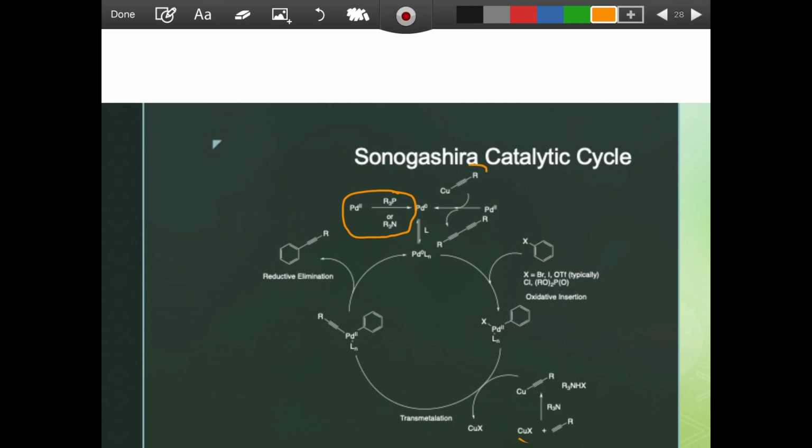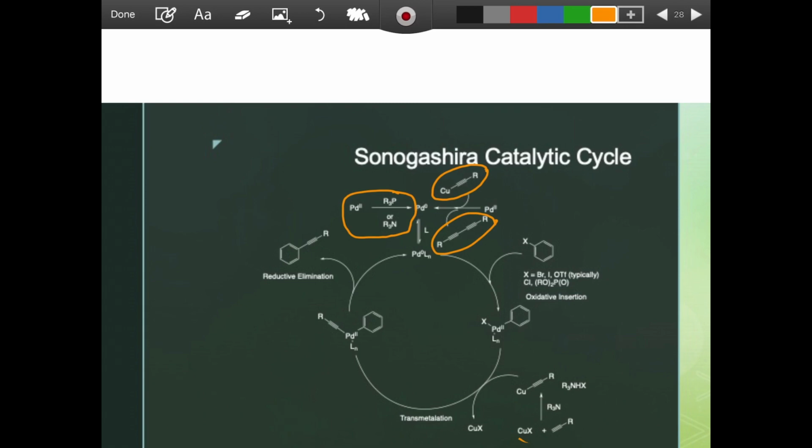Or you make your copper acetylide, and then your palladium transmetallates that, and then it does a reductive elimination to make this dialkyne, and then that gets you to palladium 0. It doesn't matter which path you choose, both are possible. It just matters you get to your palladium 0, slap some ligands on it, and then you get in the catalytic cycle.